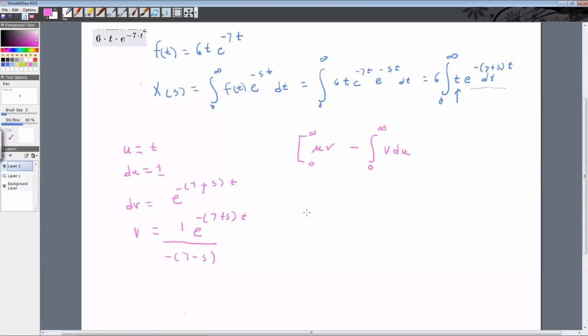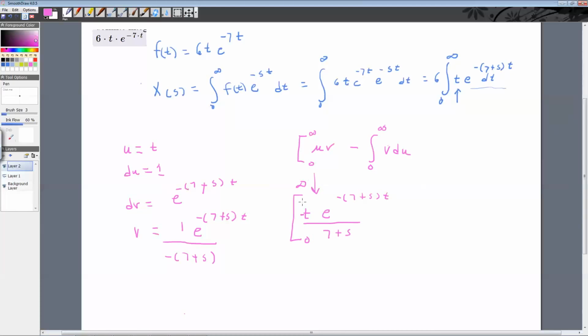So u is t, and v is e to the minus 7 plus s t over minus 7 plus s, evaluated from 0 to infinity.